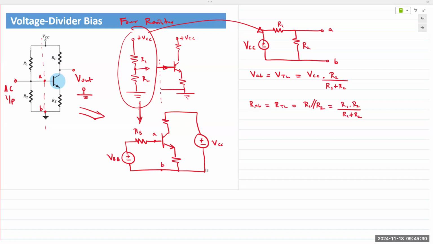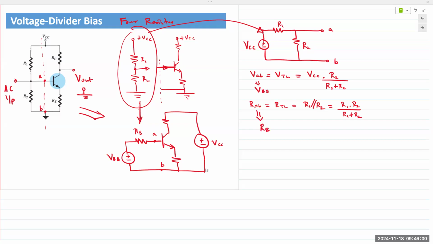Right? If you want to find Thevenin resistance, then you short or replace all the voltage sources with a short circuit, and you replace the current source with an open circuit. In this case, we have one voltage source VCC, replace it with a short, you get R1 in parallel with R2. So now VAB, of course, is your VBB, and RB is the single base resistor RB.